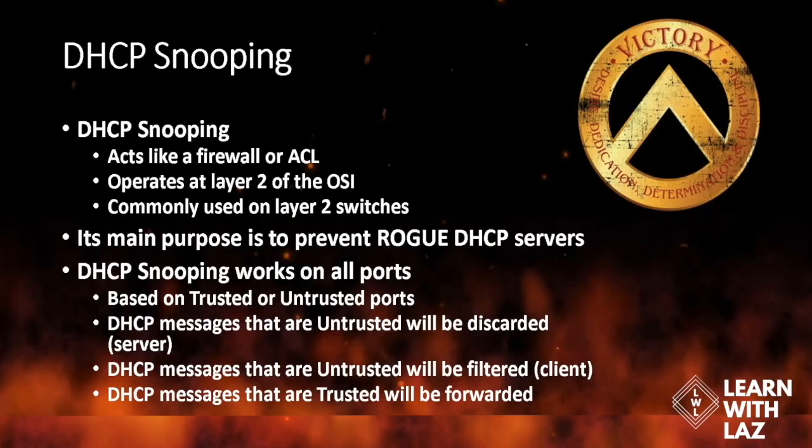And if it's a trusted port, obviously it just lets it go through. Not a big deal. Nothing happens. But when it's untrusted, it's not going to allow any DHCP servers to give you anything, and the clients will just be filtered. We'll just make sure that they're cool, this is legitimate traffic, and we're going to allow this, okay?